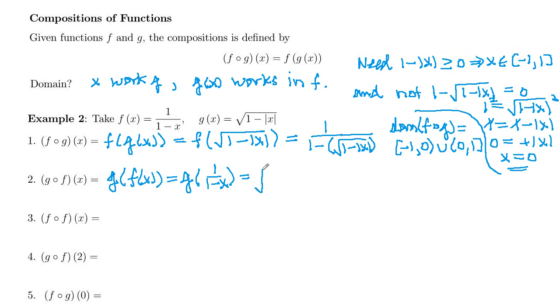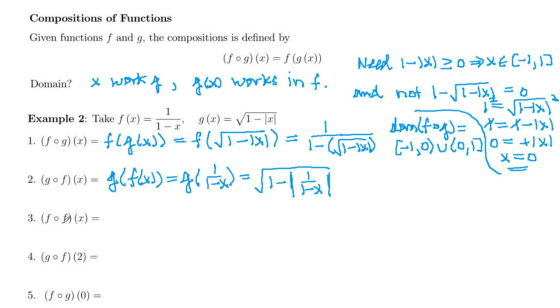Well, it does square root of 1 minus and then absolute value. And what goes inside the absolute value, so that's acting like our empty parentheses, is 1 over 1 minus x. So there's that composition. And we can find domain the same way that we did up here, making sure x works in here, and then the 1 over 1 minus x has to work in the bigger function.